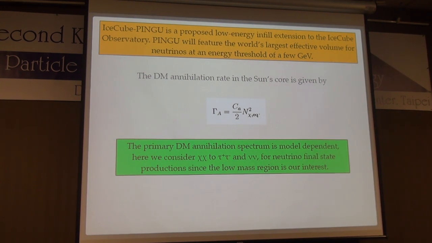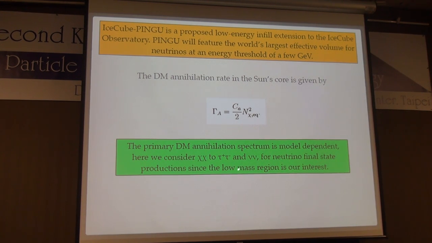The reason we don't consider muons is because the lifetime of the muon is longer, so in dark matter annihilation to muons, the muon has a chance to interact with the nuclei inside the sun, and it will lose energy. And once it loses energy, it decays to neutrinos. The neutrino energy spectrum is softer, and a softer neutrino spectrum will have a larger atmospheric neutrino background, which we don't consider.